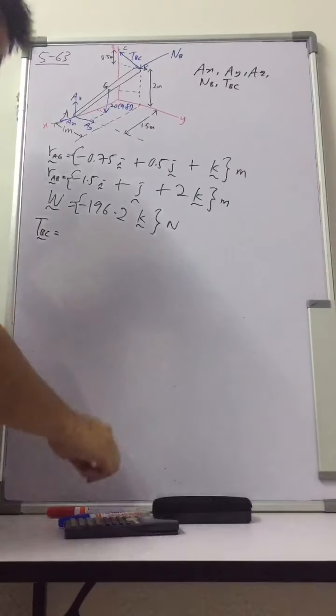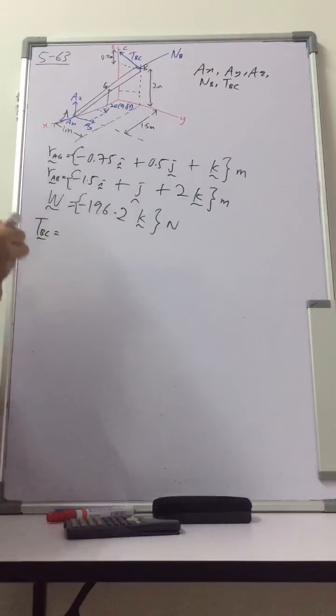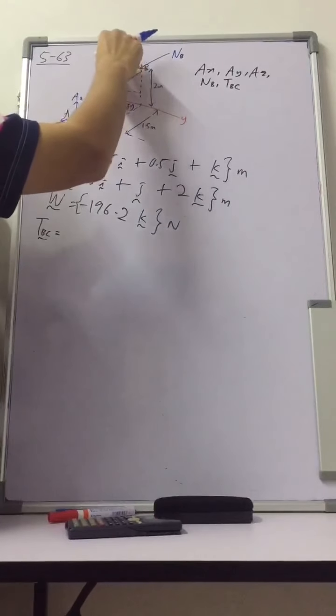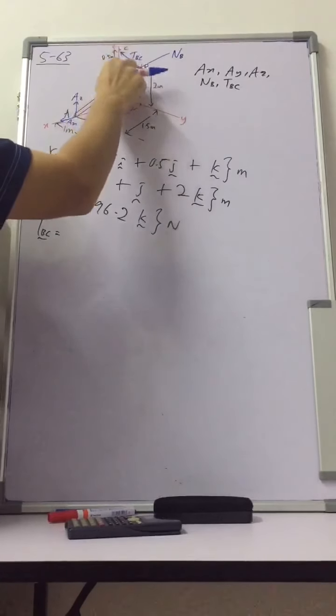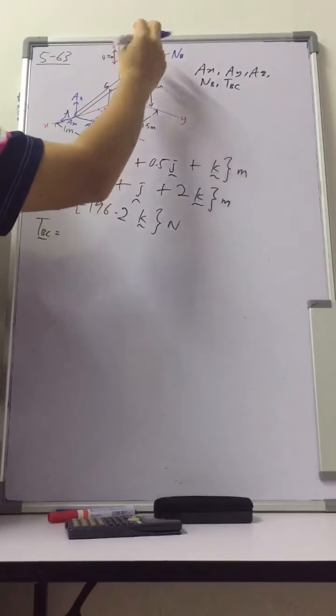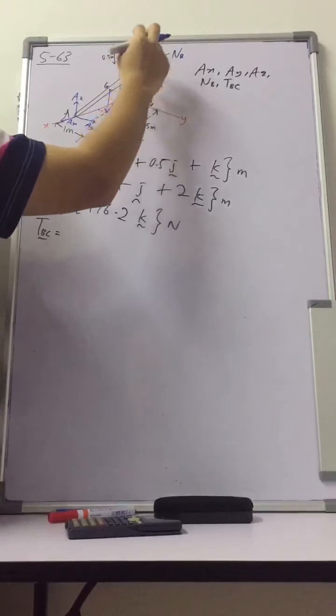For the x, y, and z components of this TBC, you know that this distance is 0.5 meter. This distance is 1 meter. So what about this distance?